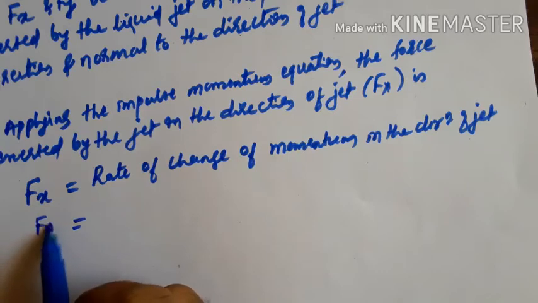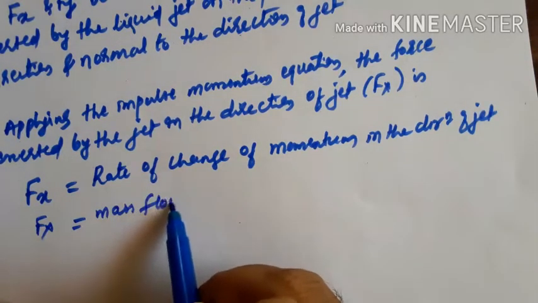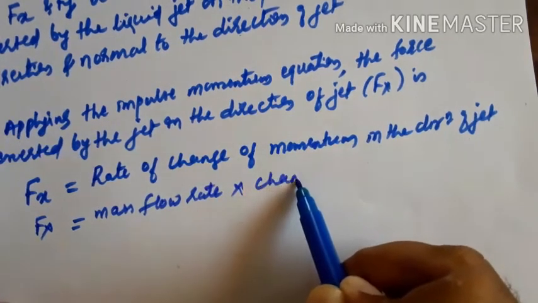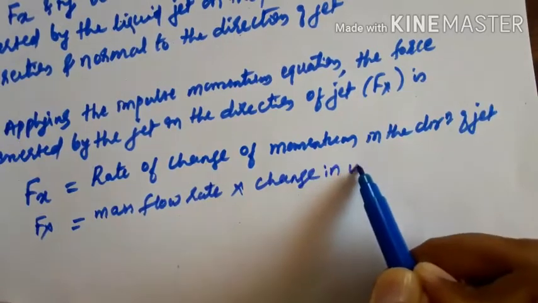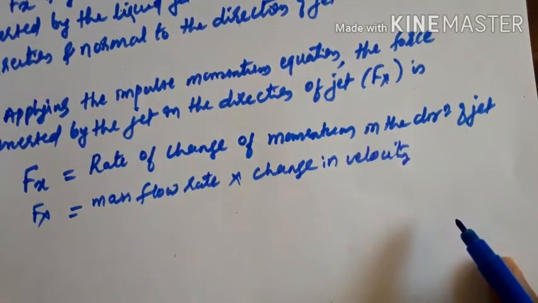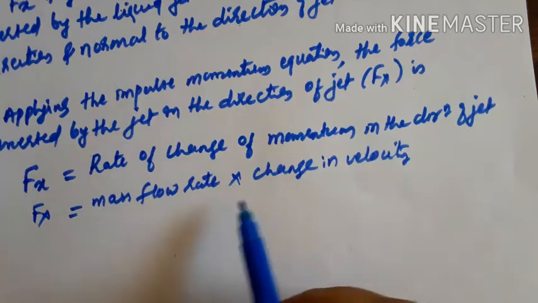So Fx will be mass flow rate into change in velocity, because we know momentum equals mass into velocity. Since we are taking the impulse momentum equation, Fx equals mass flow rate into change in velocity.